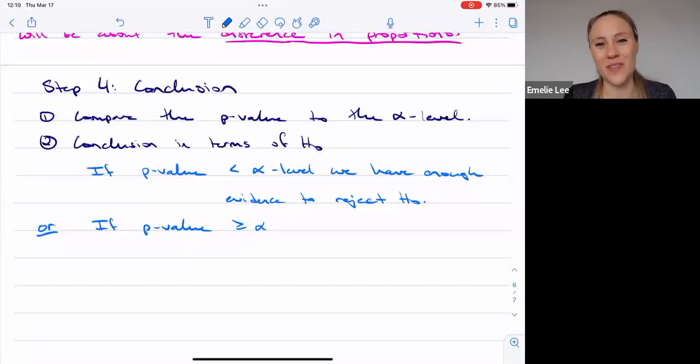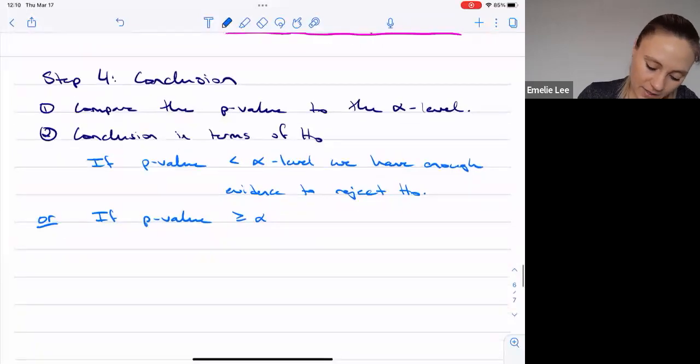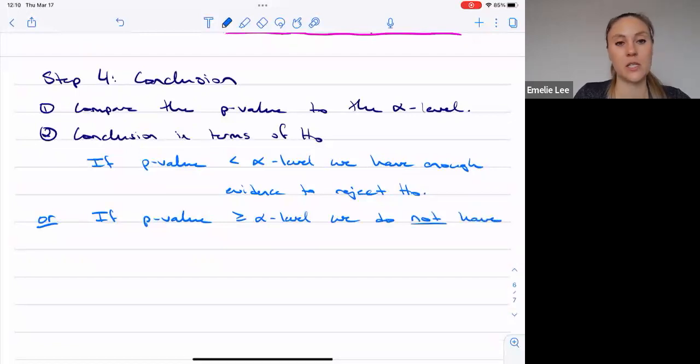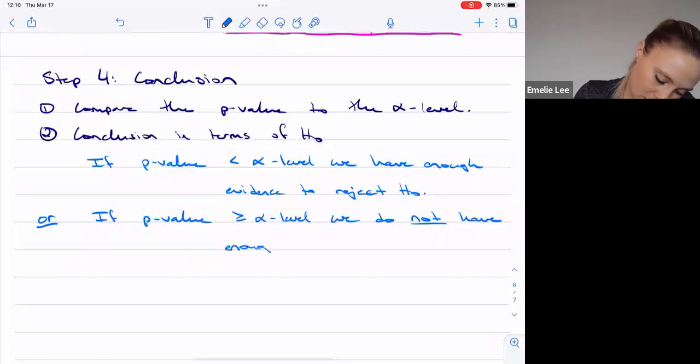But that's beyond the scope of this course. So if the p-value is greater than or equal to the alpha level, we do not have enough evidence to reject H0.